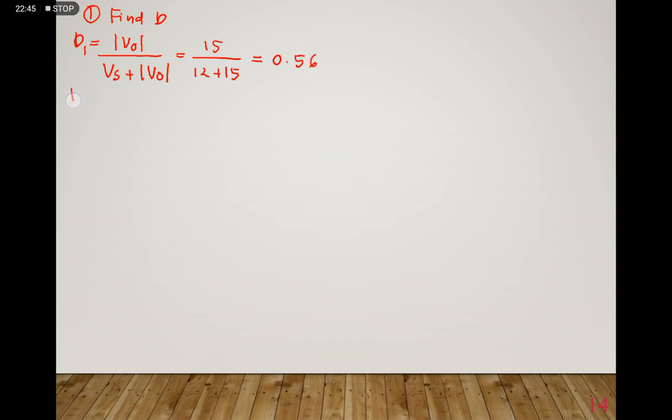D2, when your input voltage equals 18: 15 over 18 plus 15, so you will get 0.455, which I round up a bit to 0.46. Once you find these two, you can proceed.